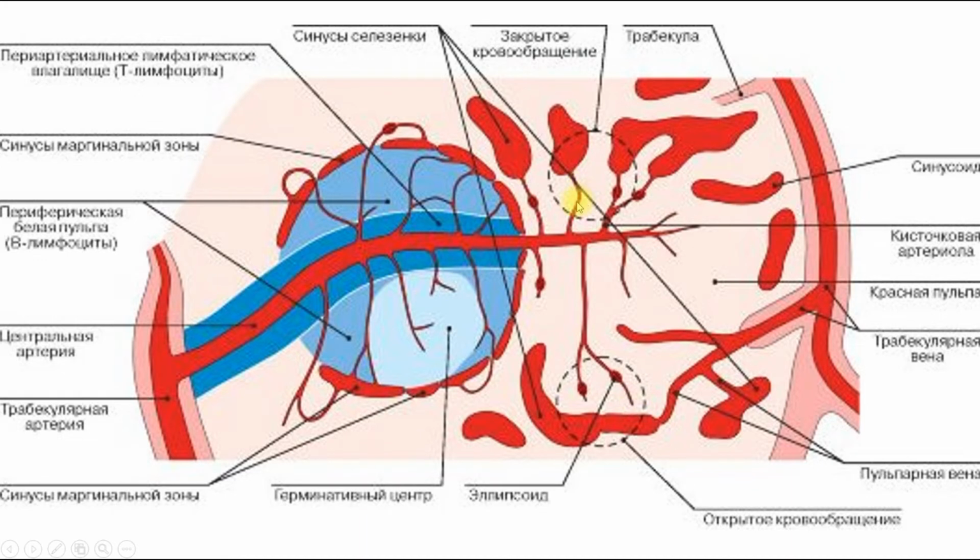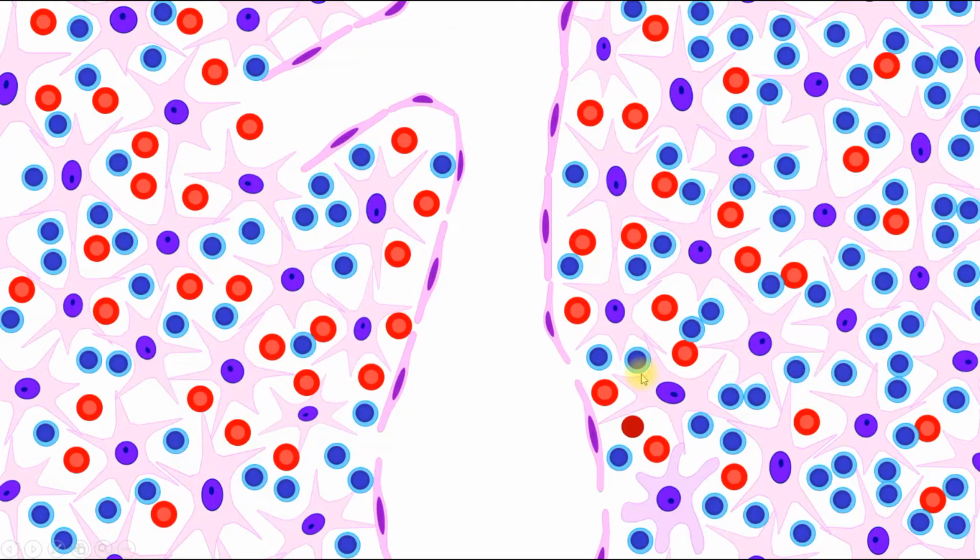It's closed when blood doesn't exit from the bloodstream, and opened when blood freely goes to the red pulp of the spleen. Two types of blood supply. And let's look at how it works.